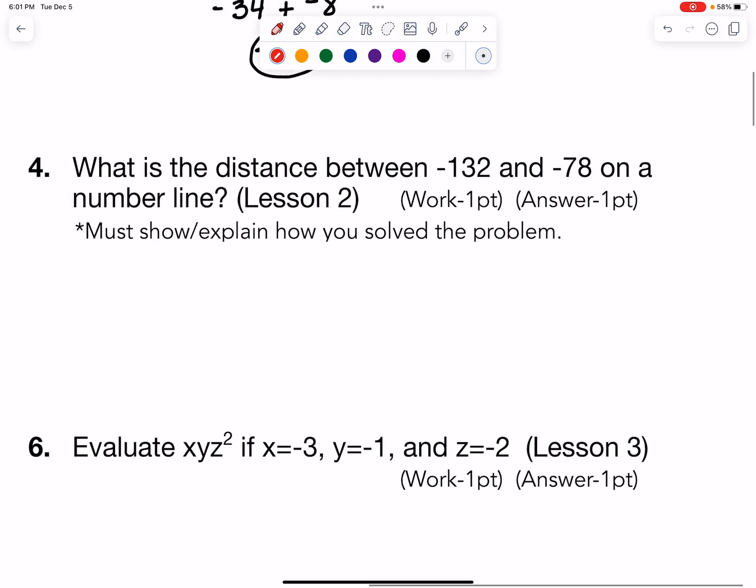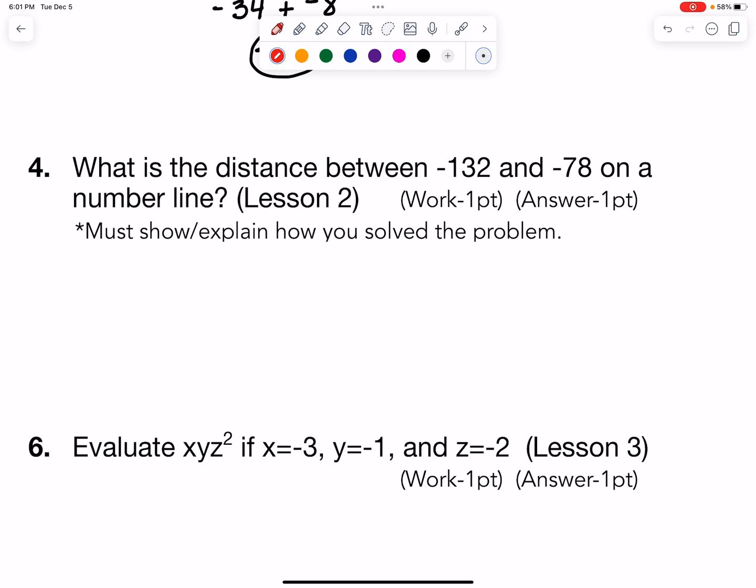What is the distance between negative 132 and negative 78 on a number line? This is from lesson 2. And this one, remember, we have to take the difference of those and then their absolute values. So this is something that we haven't done in a while, and you are going to need to maybe look back at that and remember.